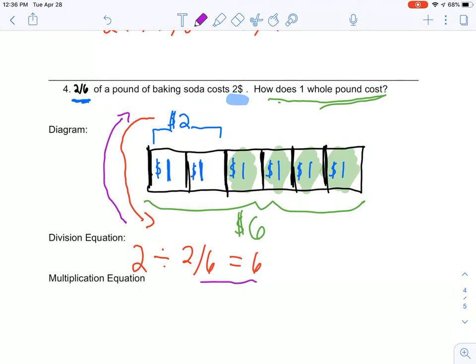And that means 6 times 2 sixths equals 2. Okay, so hopefully you're feeling a little bit better about working with groups less than 1. So important that you make these fractions before you start solving. That way you're able to visually figure out what's happening.